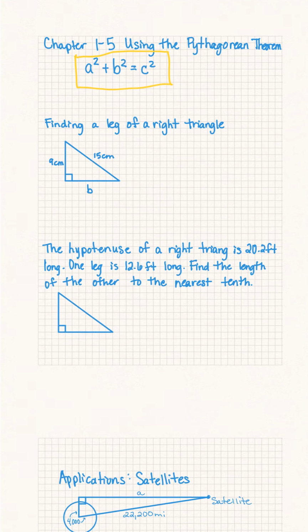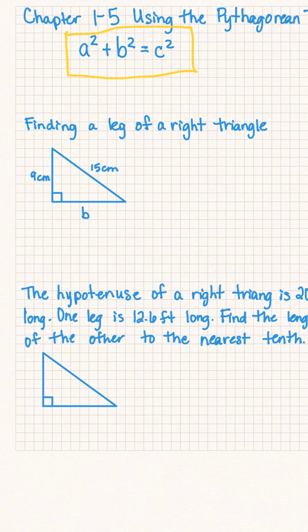If we take 9 squared plus b squared equals 15 squared and work that equation out, 9 times 9 is 81, plus b squared equals 15 times 15, which is 225.